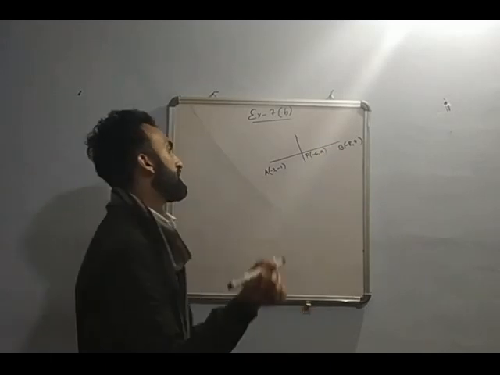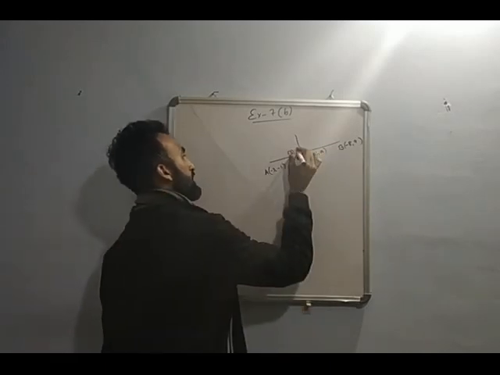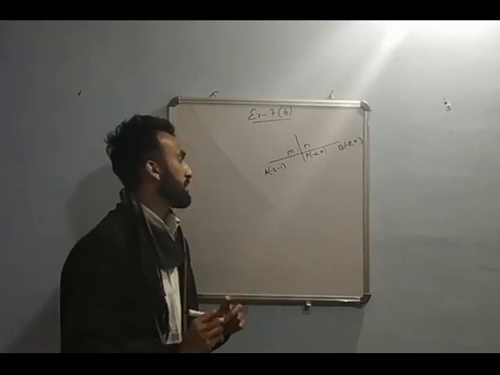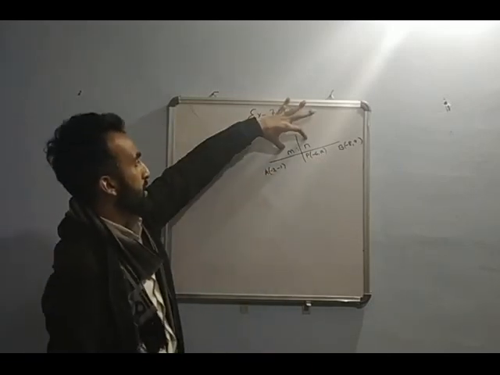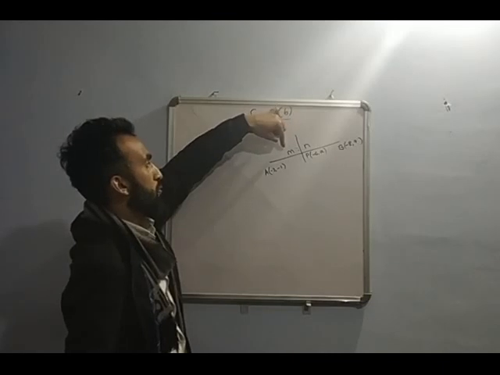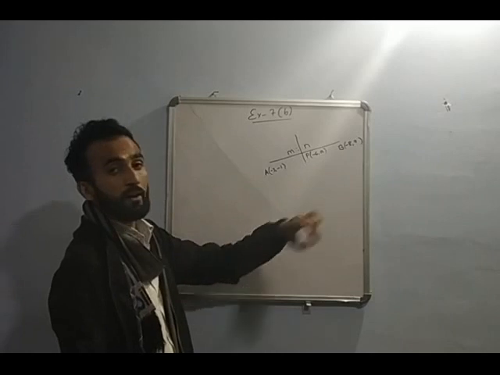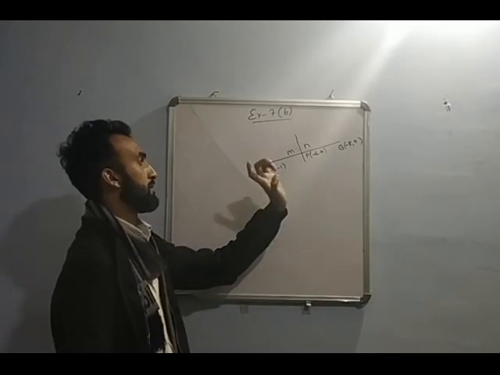Our question is find the ratio. So remember, we should write here m:n, no? So most of the time these things are given, but now we have to find out what is the ratio. We have to find out what is m:n, and then also find the value of A.